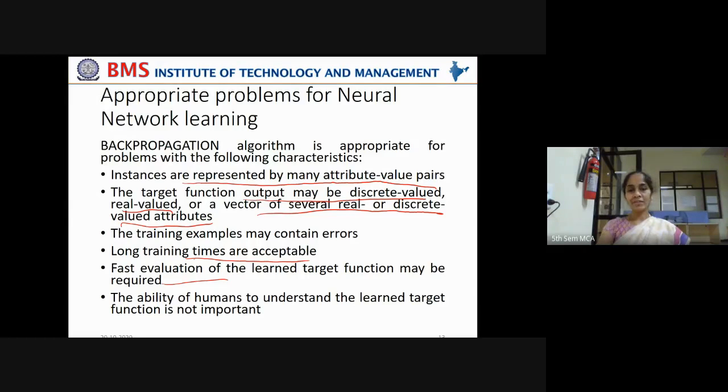Okay. And fast evaluation of the learned target function may be required. Whenever you want fast evaluation, say you're going in an autonomous driving vehicle, and some vehicle is coming right in front of you, and your vehicle is not able to take a decision whether to turn left or right and stays still on the road, what will happen?